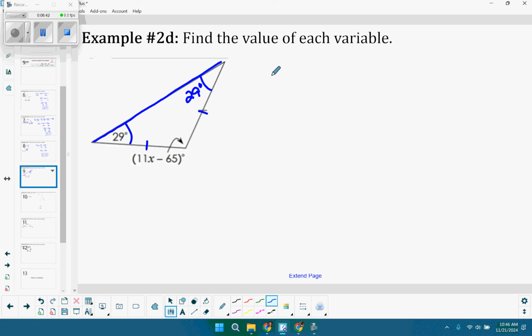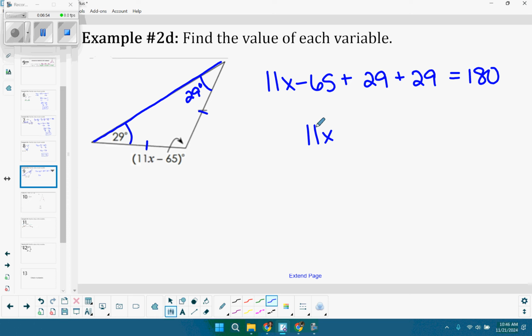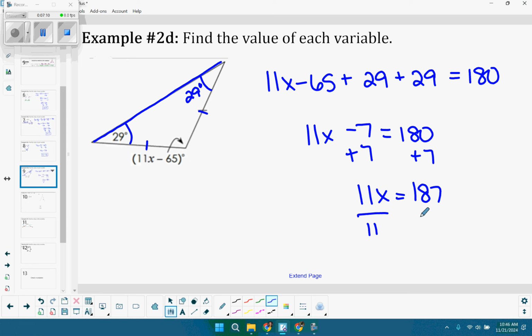So let's add these to 180. 11x minus 65 plus 29 plus 29 equals 180. So that's going to be 11x minus 7 equals 180. We can add 7 and divide by 11. We get x equals 17.